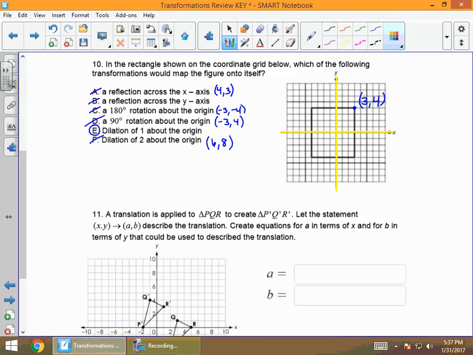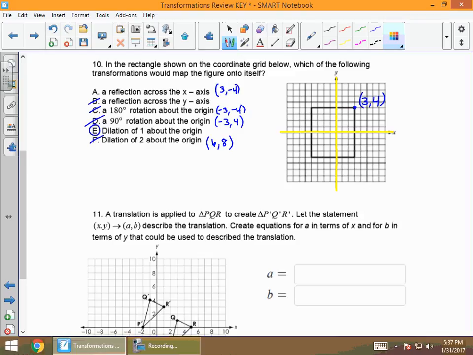So kind of like your quiz. Oh, I'm going to have to go back. It looks like letter A. I'm sorry. Look at that. Letter A does not say reflect across the line y equals x. It says reflect across the x-axis, where (3, 4) would have to become the point (3, -4).